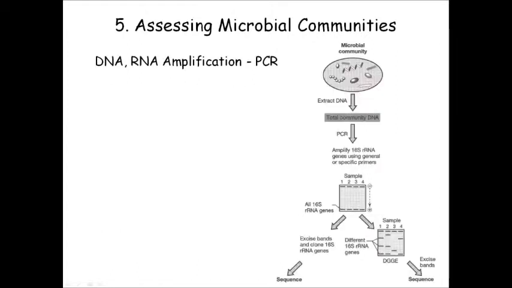In a very quick way, the amplification by PCR looks at the community, extracts the DNA. We then have the total community DNA. We subject it to PCR, and again, by using specific primers, we're likely then not going to get the complete idea of what catabolic enzymes are present. We're going to get some subset of those.